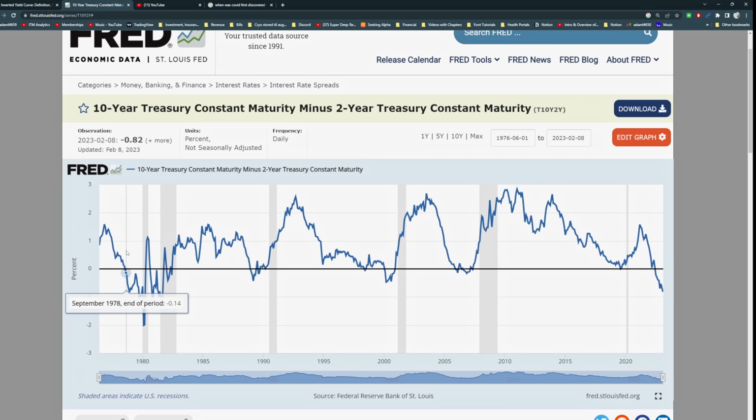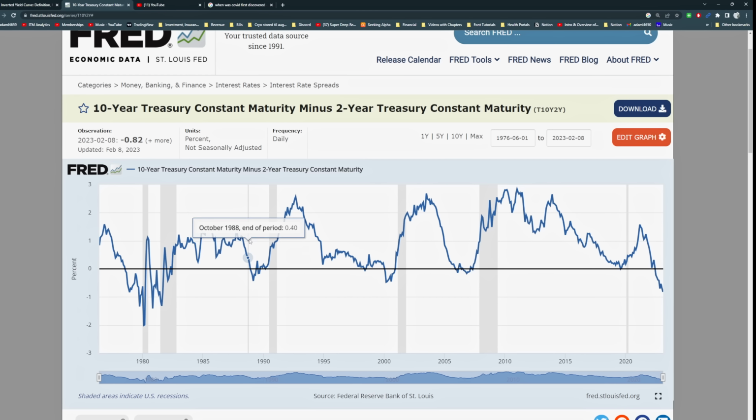So it inverts in September of 1978, and then we have our recession in February of 1980. So that's about 2 years, right? If I'm doing that right. Okay, it inverts about January 1989, and we have our recession at June of 1990.